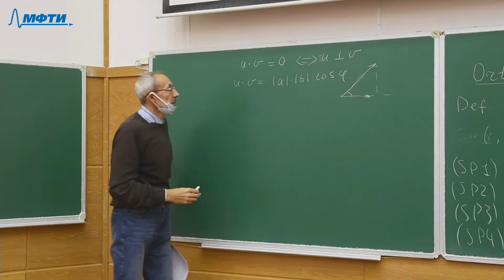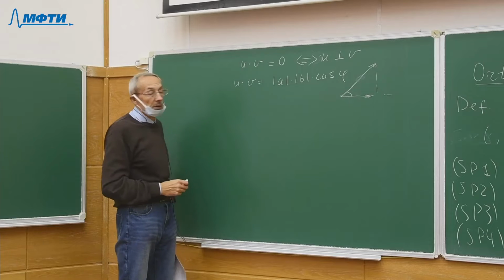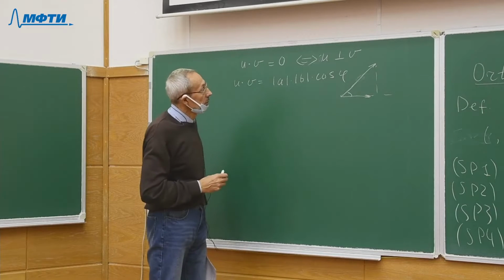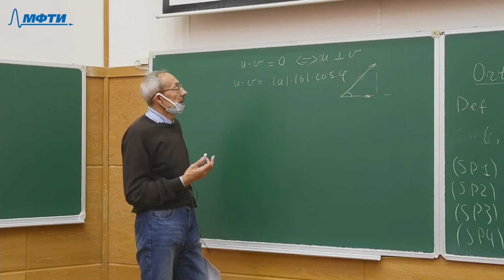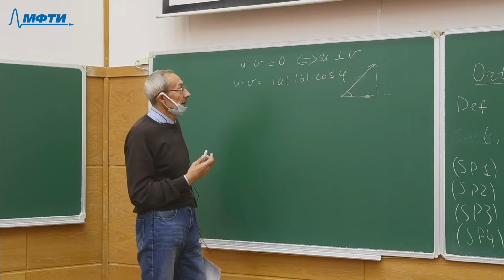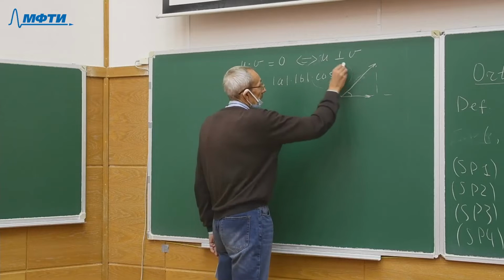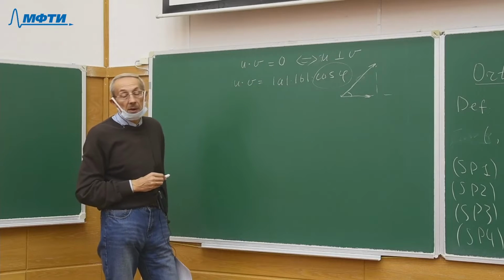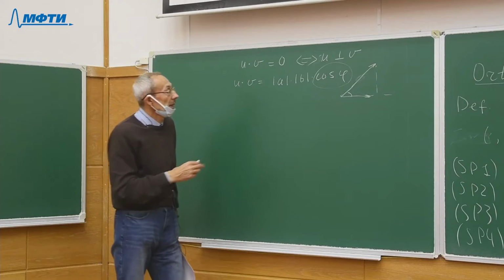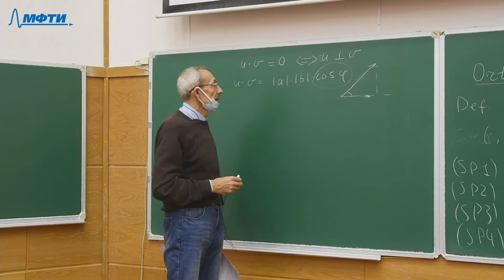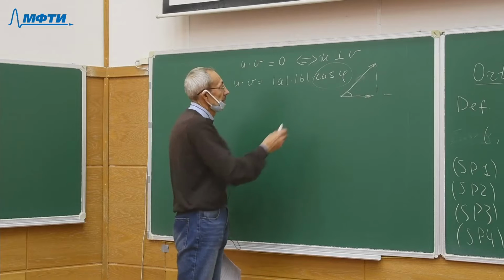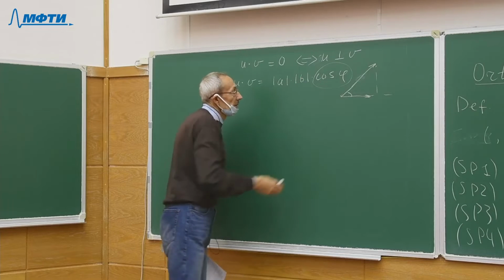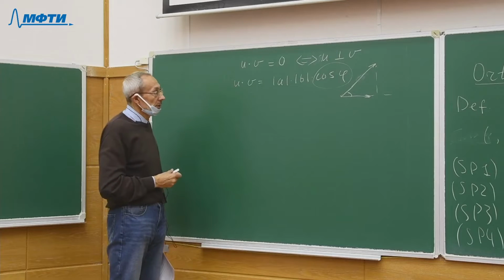And it is easy to see, if we deal with non-zero vectors, this dot product is equal to 0 if and only if the cosine of angle phi between these vectors is zero, that is, the angle phi is 90 degrees, a right angle. And it means that these two vectors are perpendicular.